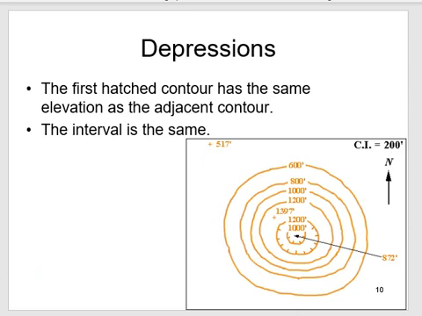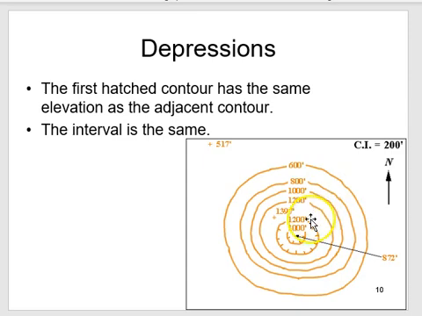The trick about the depression contour is that if I'm starting here at 600 feet in elevation for this first contour line, and my contour interval, or CI, is 200 feet, then as I go up it's 800 feet, 1,000 feet, 1,200 feet.